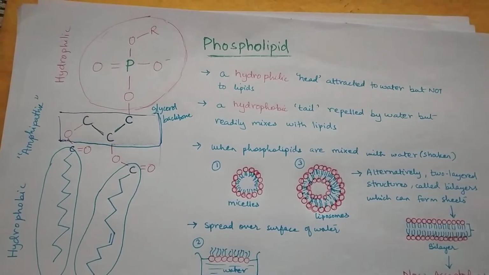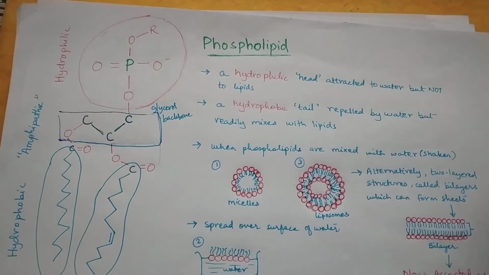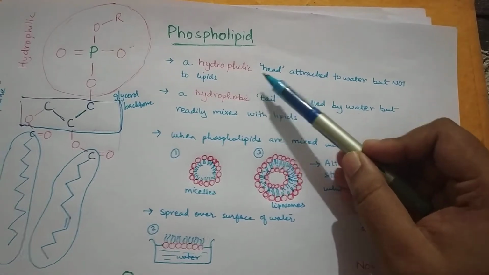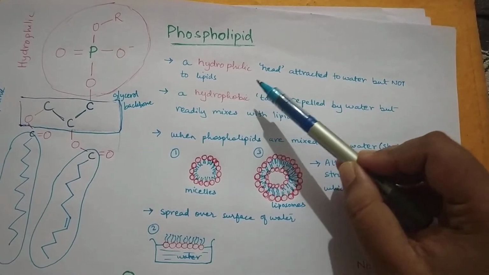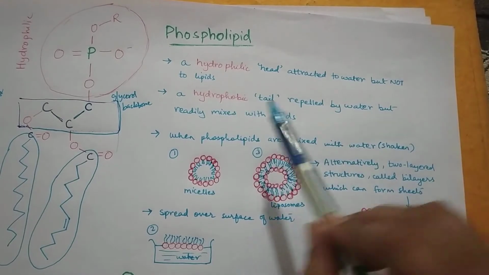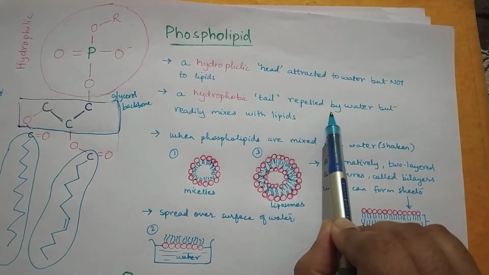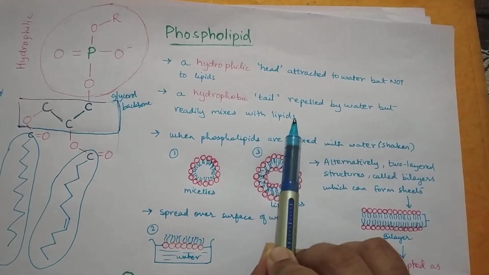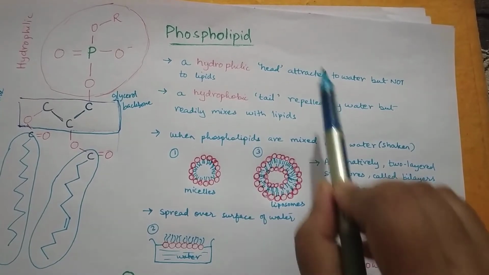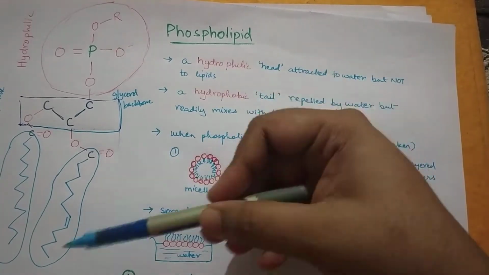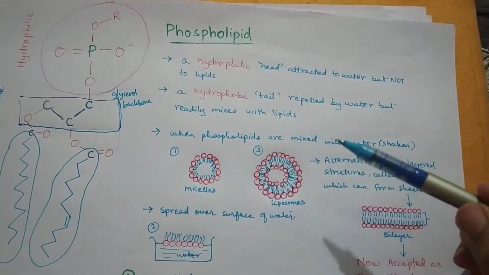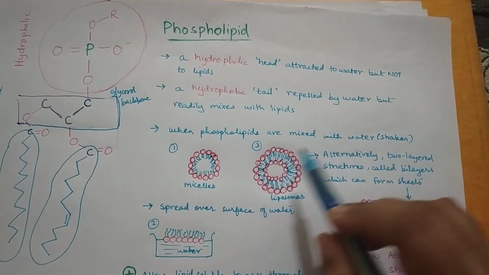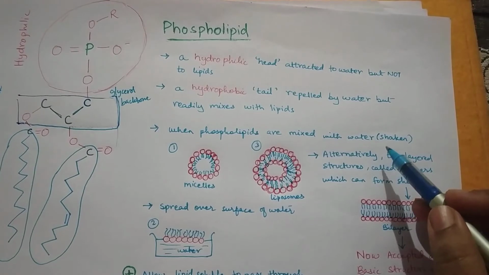Let's look at the features of phospholipid. Like we had already discussed, it has a hydrophilic head which attracts water but hates lipids. It has a hydrophobic tail, repelled by water but readily mixes with the lipids. Because of this kind of structure in this single molecule itself, what will happen if you mix phospholipid with water and you shake it?